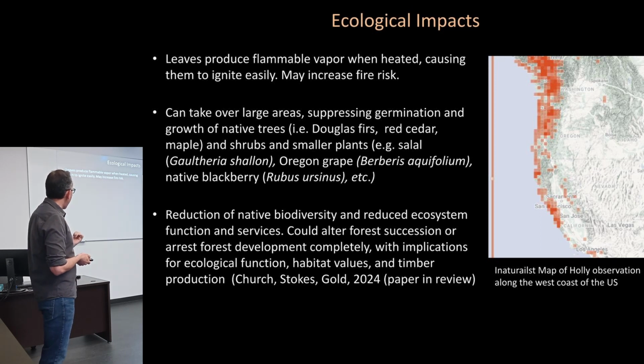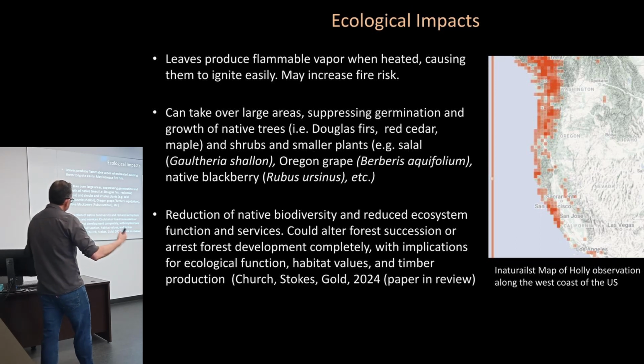So another impact is, the leaves of holly produce a flammable vapor when heated, so they can ignite easily, and they may also increase fire risk. They can take over large areas, suppressing germination and the growth of native trees, particularly Douglas fir, red cedar, maples, and shrubs, and there are some other smaller species that can be affected by holly.